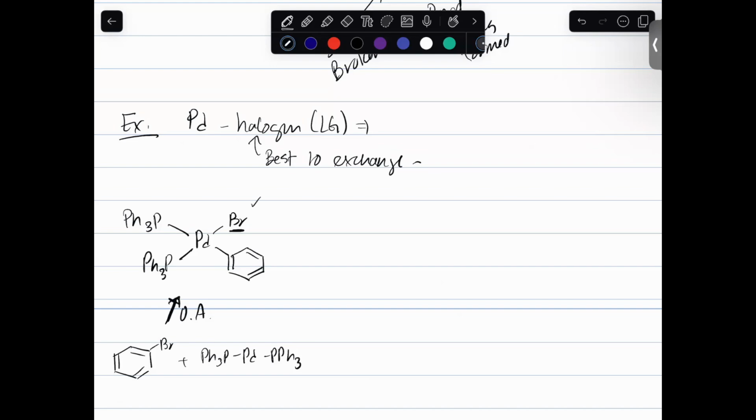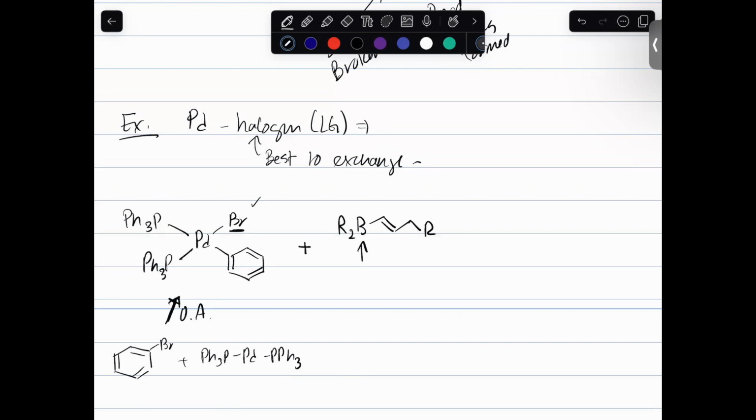Notice that there's a halogen, and it's typically what is exchanged. You treat it with another metal system. And some of the more common metal systems are boron, tin, copper.